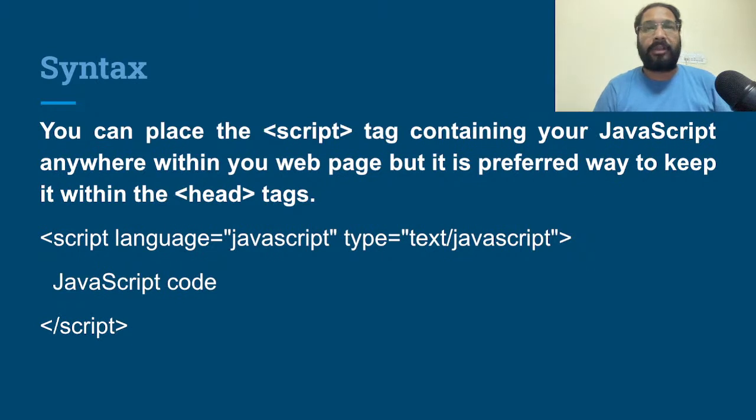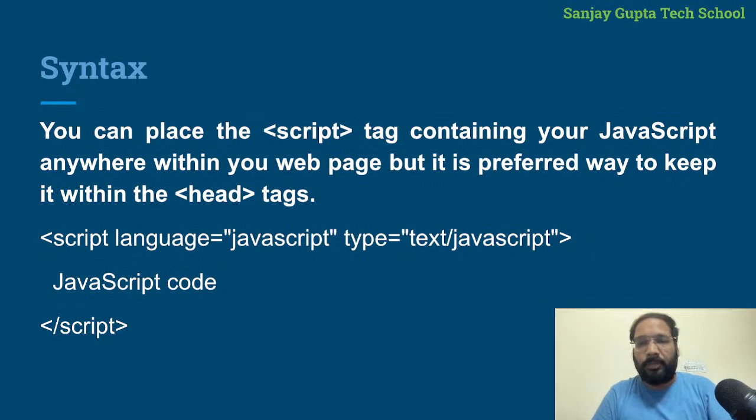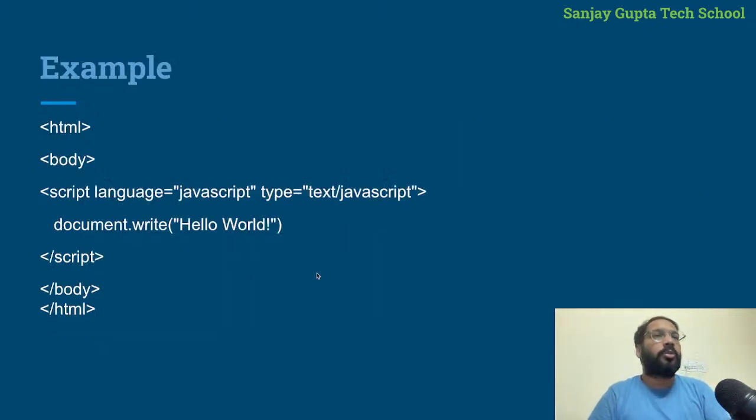The first one is language and the second one is type, right? And in between the script tag, you will be able to write all your JavaScript code. So whatever JavaScript code you have, you can write inside the script start tag and script end tag.